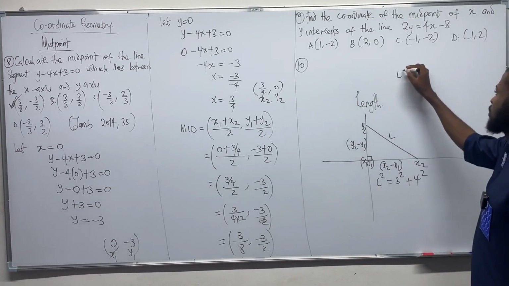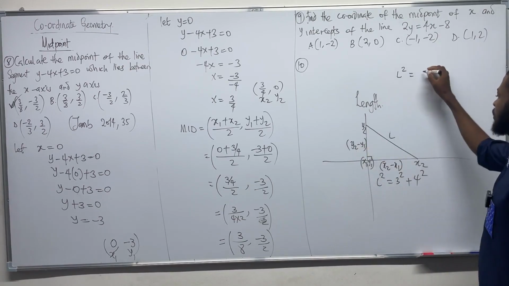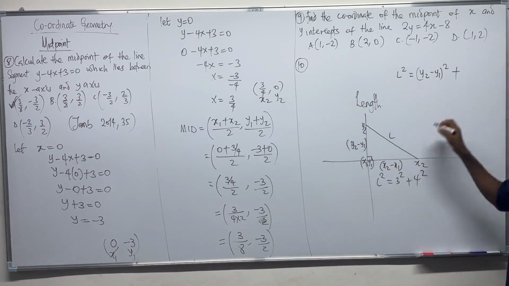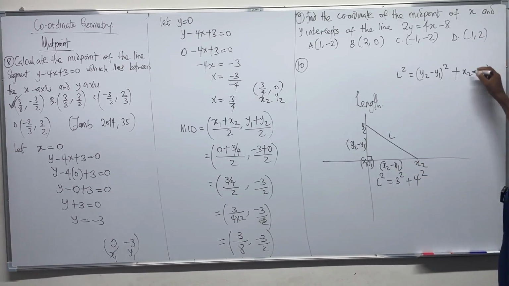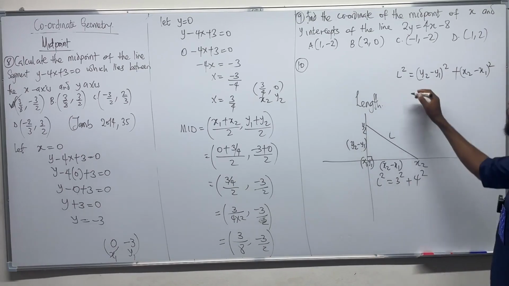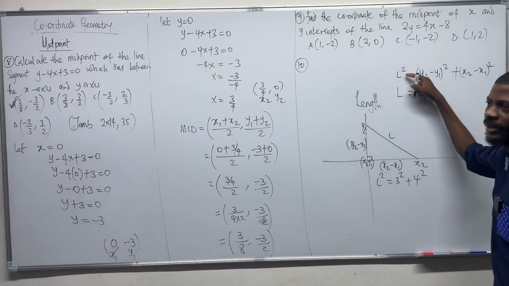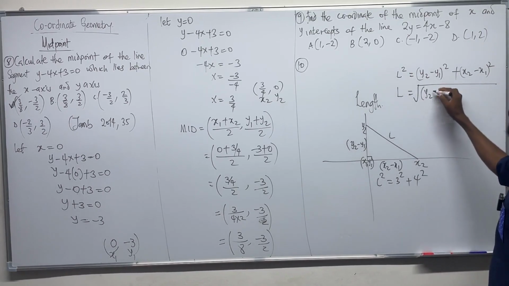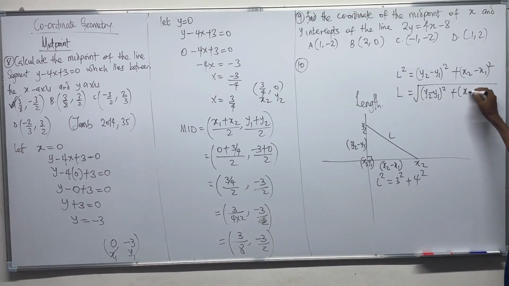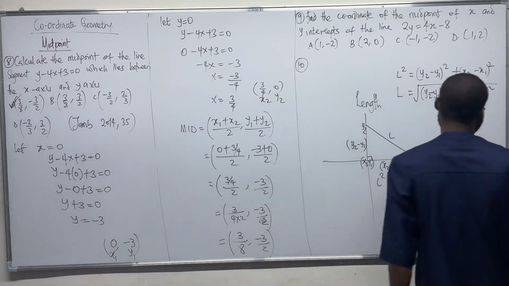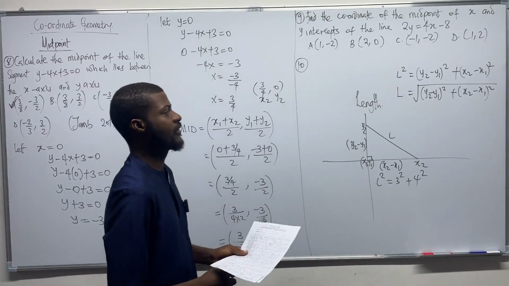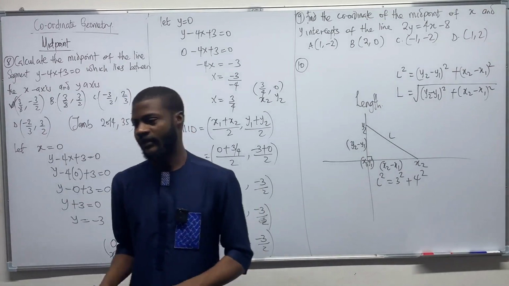We're going to say the square of the length is equal to y2 minus y1 all squared, plus x2 minus x1 all squared. So this means that the formula for length of a line, to remove this square, we have to square root this very side. So we have to say the square root of y2 minus y1 all squared plus x2 minus x1 all squared. That's what we have. So that's the formula for the length of a line.